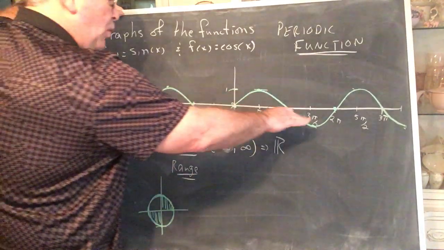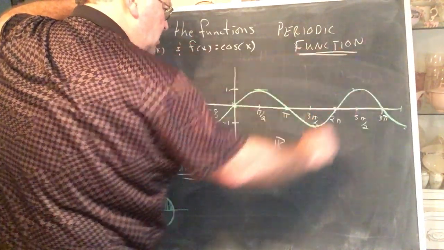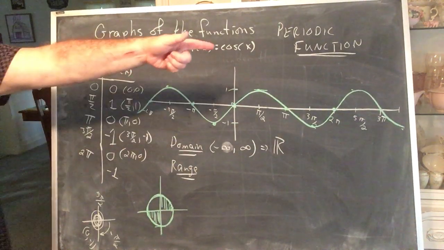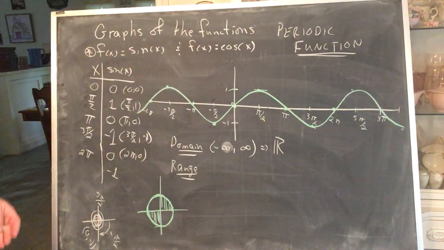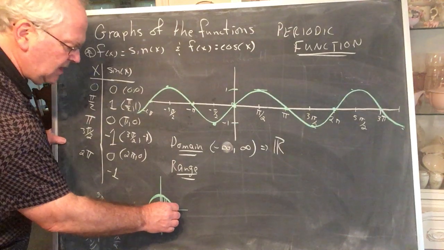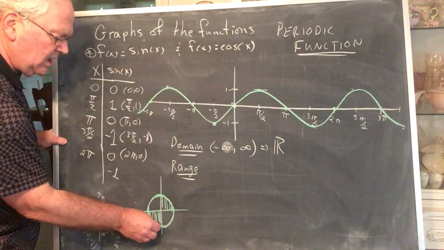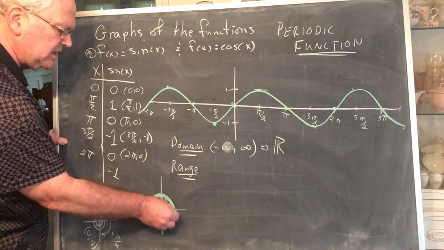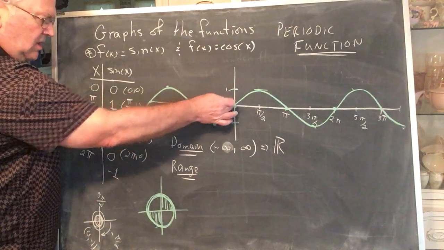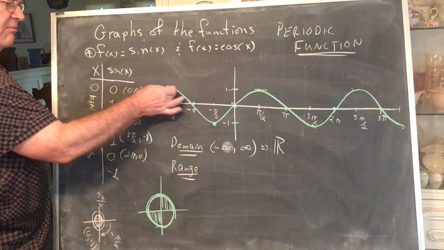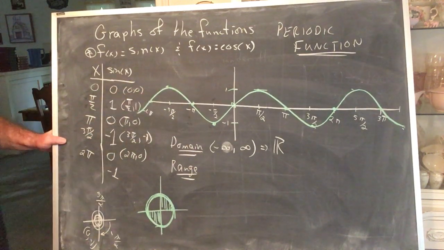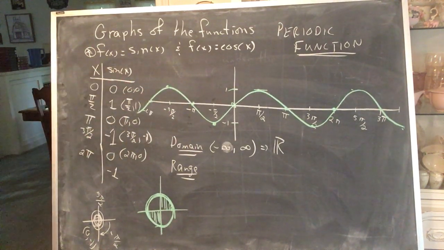And so that's why this wave continues all the way out as far as you go out the x-axis. Similarly, if you're going in the clockwise direction, you start at 0, then you go to -1, then 0, then +1, then 0, and so on. So this is the basic structure of the sine graph.